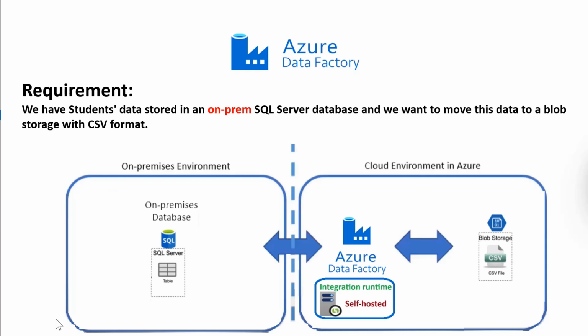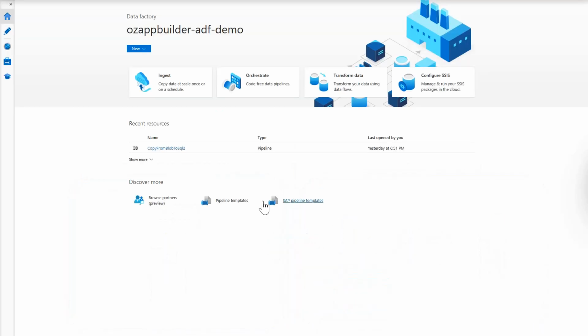When we are setting up our pipeline, we need to use self-hosted as an integration runtime. We went through that earlier when I was talking about the ADF basics. So this is where we use this integration runtime for accessing on-prem databases. Okay, let's go to the Azure portal and create a pipeline for that.